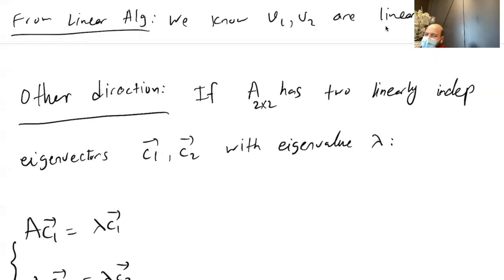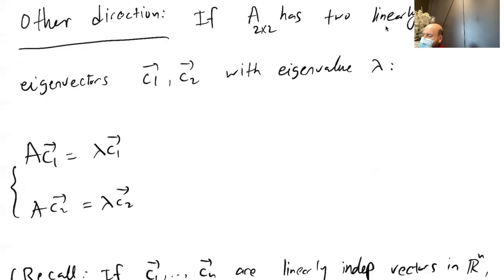Here I have two linearly independent vectors in R2, therefore they must be a basis for R2.